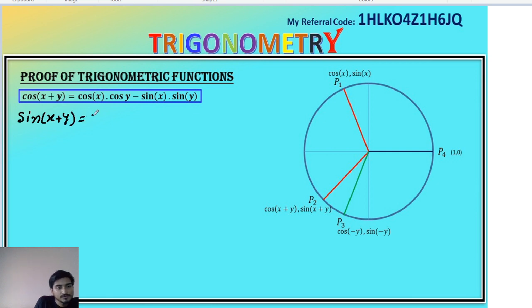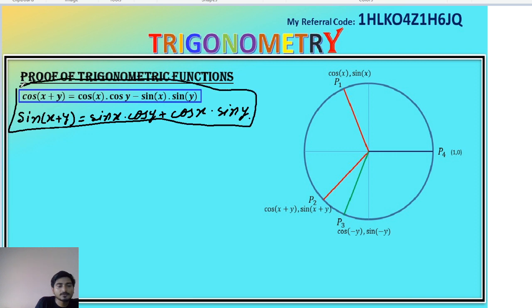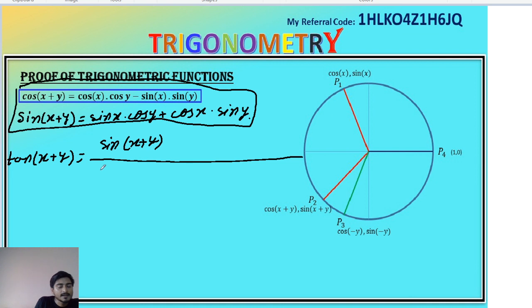It is equal to sin x into cos y, and plus cos x into sin y. So if I know cos of x plus y and sin of x plus y, I can easily solve for tan of x plus y. That is nothing but sin of x plus y divided by cos of x plus y.